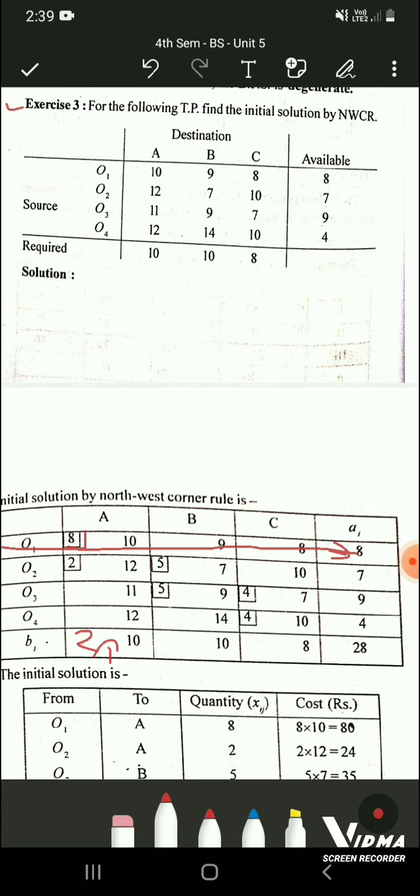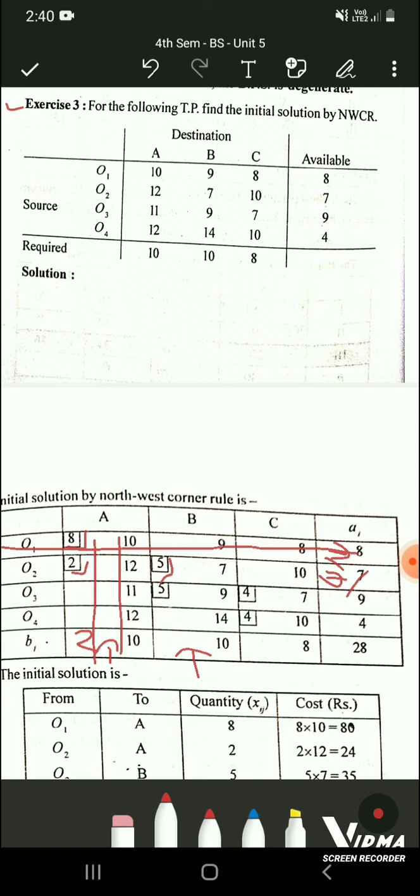Move to the next cell and make the allocation between its corresponding AI and BJ value. Minimum value is 2. So this cell is completely vanished. So you move to the next northwest corner cell, which is 2, and to make the allocation here 5 is remaining. You have to check the minimum value between its corresponding BJ and AI.